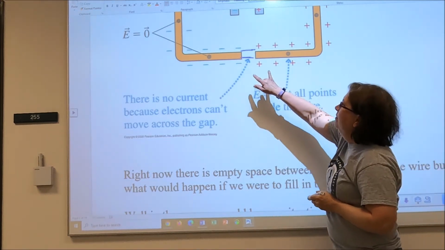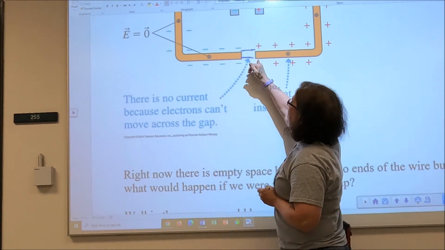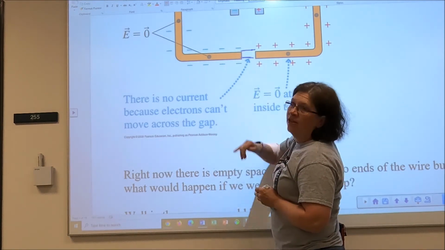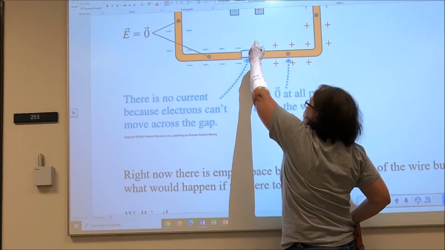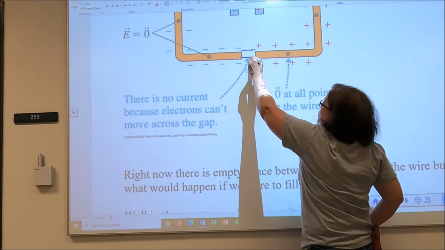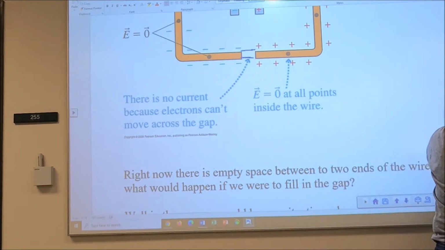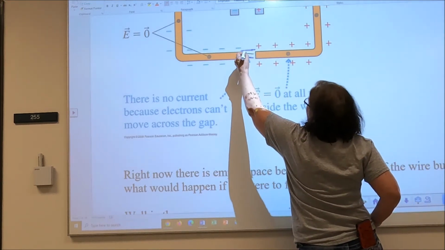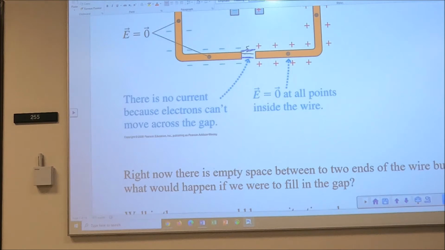What I have, for the instant that I do that, is a conductor that's not in electrostatic equilibrium, because there's net negative charge over here and net positive charge over here. So in this region of space, there's an electric field, E.